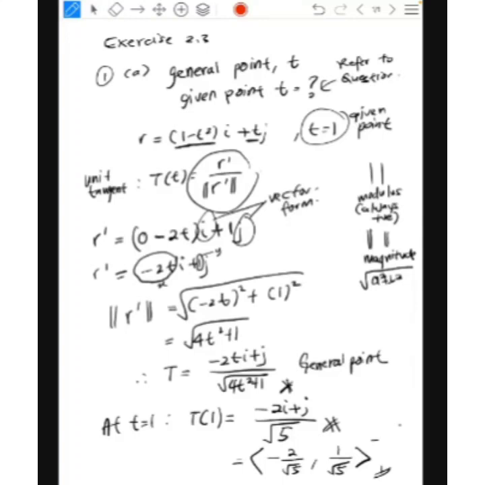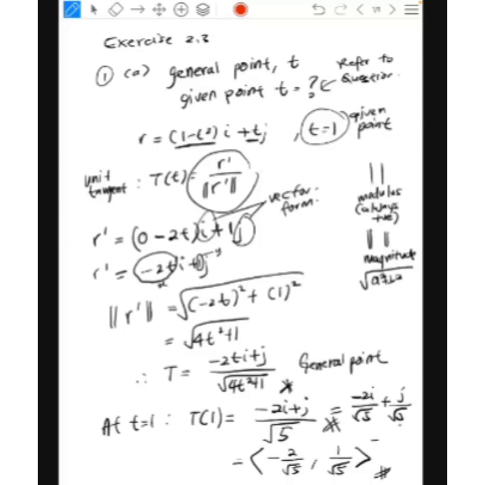The square root 5 is for both. When separated, you get negative 2i over square root 5 plus j over square root 5. I think there is no problem; it's very straight to the point. As long as you know how to use the formulas, there will be no problem for you, insyaAllah.